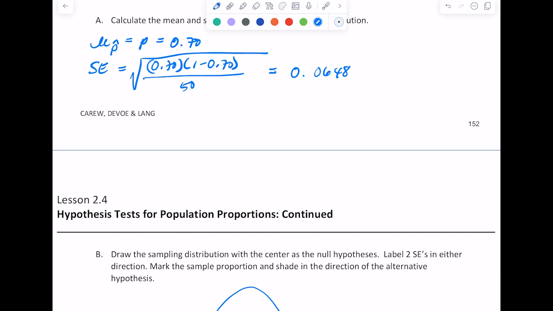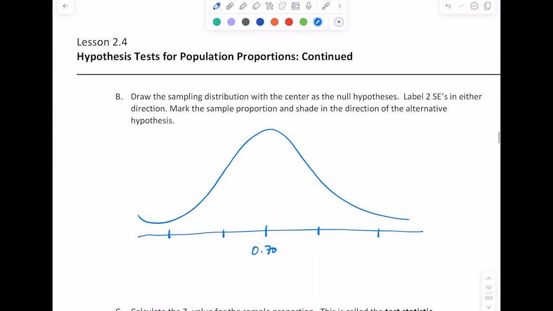And again, when you're making the curve, you can just round to 2 places because it gets kind of busy if you don't. And then add another 0.0648. Then I'm going to go backwards and subtract 0.0648, and I'm going to place my p hat here. P hat is 0.90.